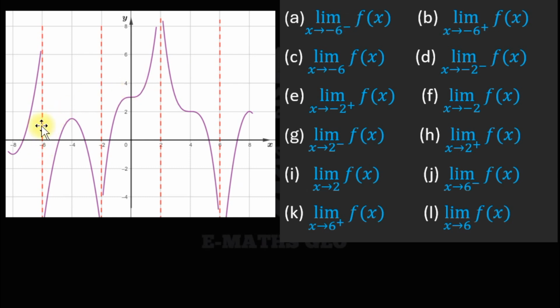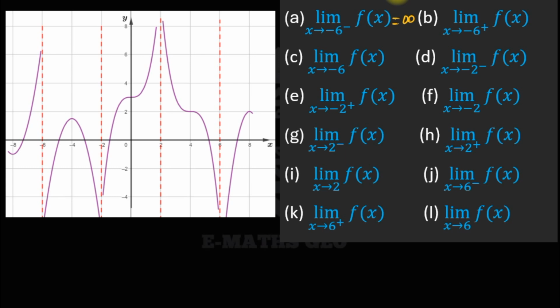So at -6, do you see the vertical asymptote, and f of x is tending towards that? What do you notice? It increases without bound, so this is positive infinity.